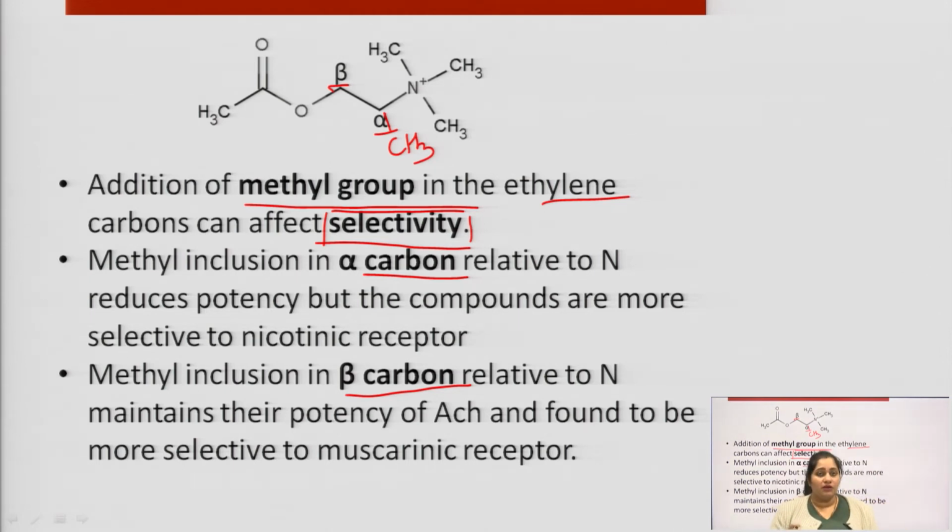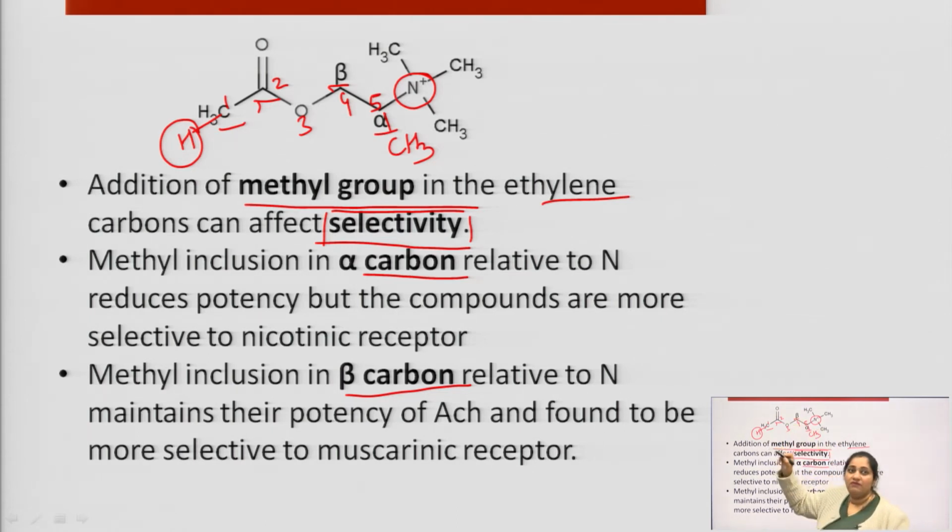But one thing to note is that the number of carbon atoms between the nitrogen and the terminal hydrogen, this one, should remain 5: 1, 2, 3, 4 and 5. We are not introducing any methyl group in between this. We are substituting the ethylene bridge at 2 different positions.